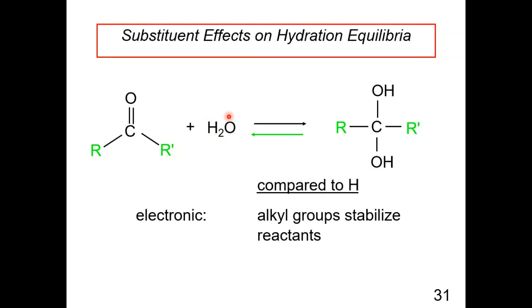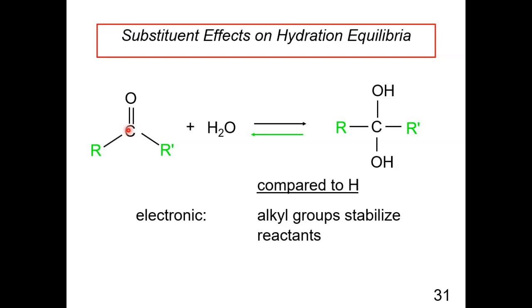So the only thing is, when I change the substitution pattern, how does it impact the stability of this one, and how does that impact the stability of this one? The biggest difference can be explained by this: when you have more alkyl groups on the carbonyl group, the carbonyl group can be better stabilized.